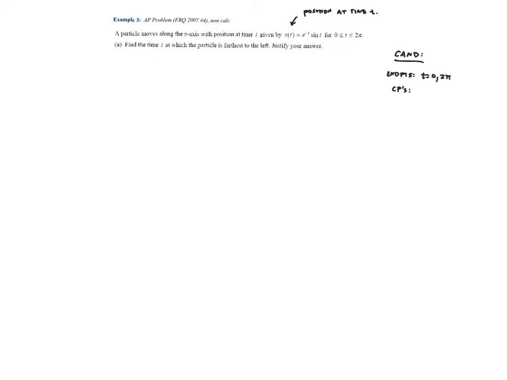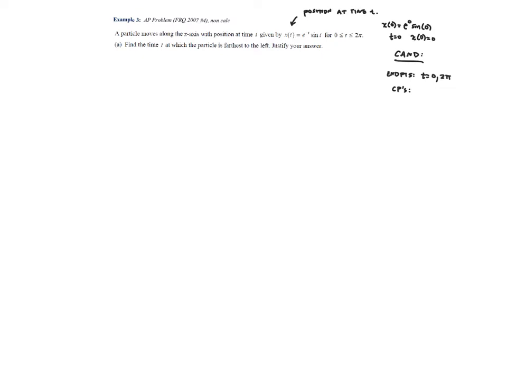So if I were to draw you a graphic, x of 0, if we plug in a 0, we get e to the 0 times the sine of 0. So at time t equals 0, the x position of the particle is at the origin.